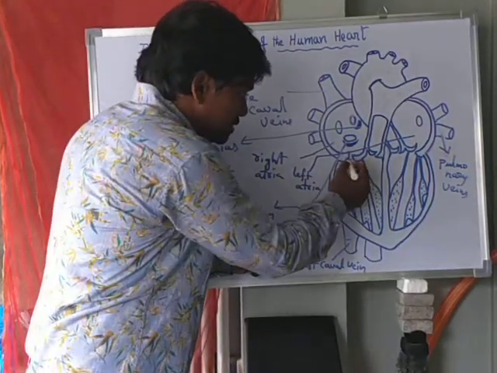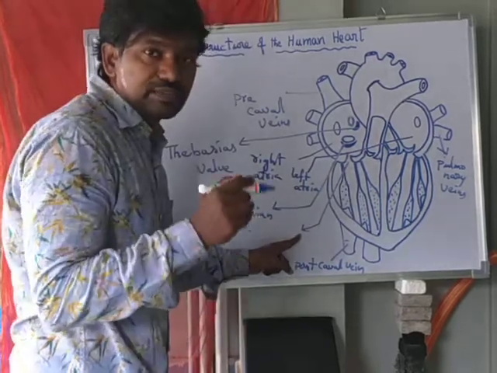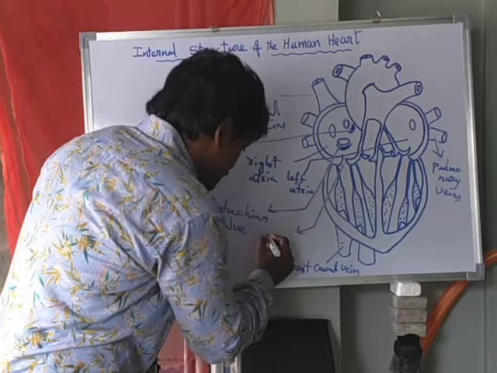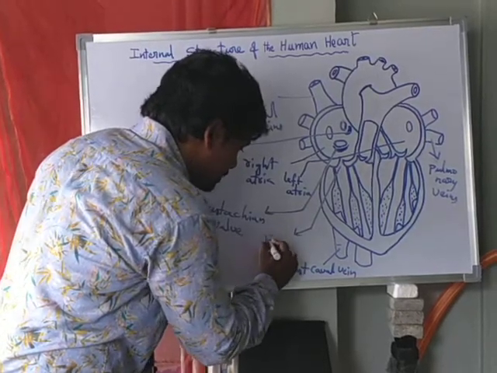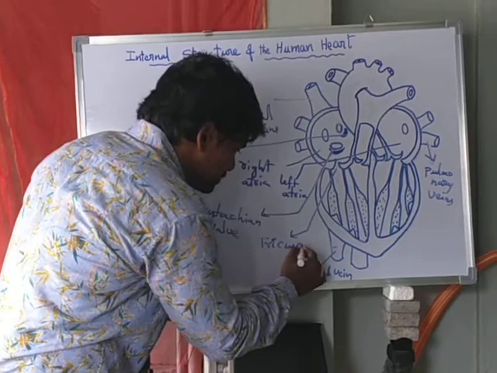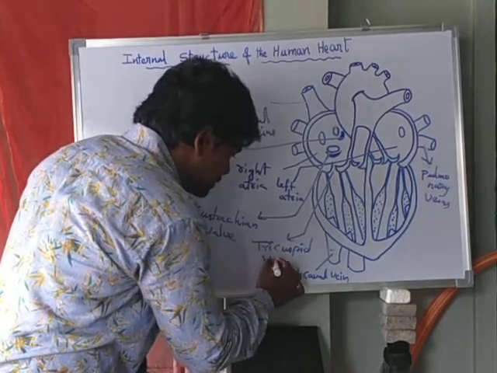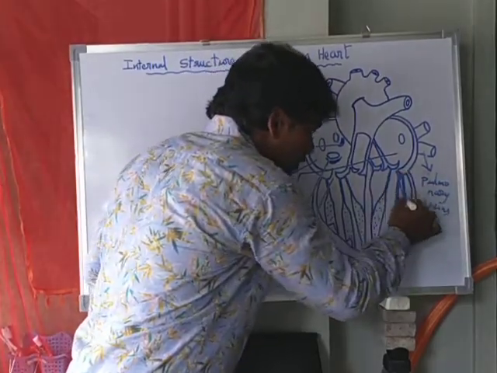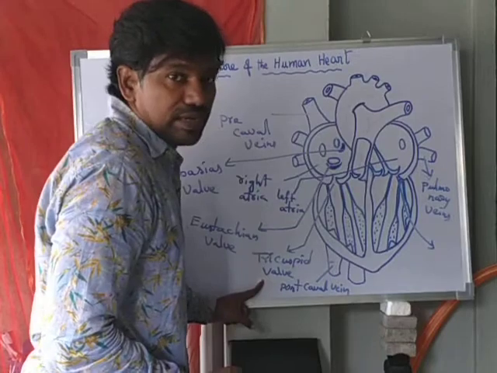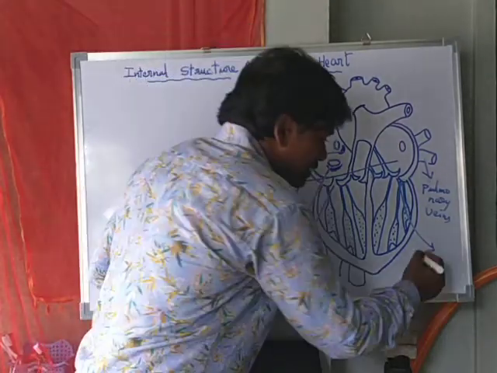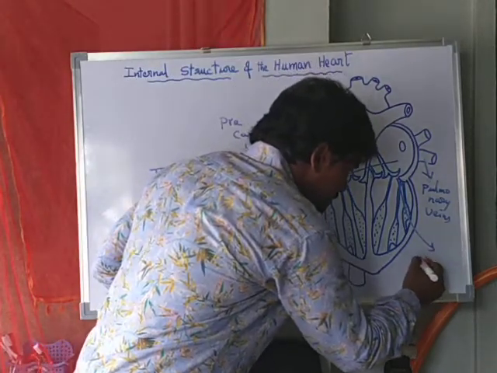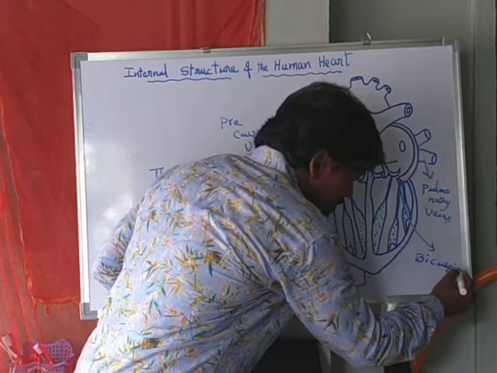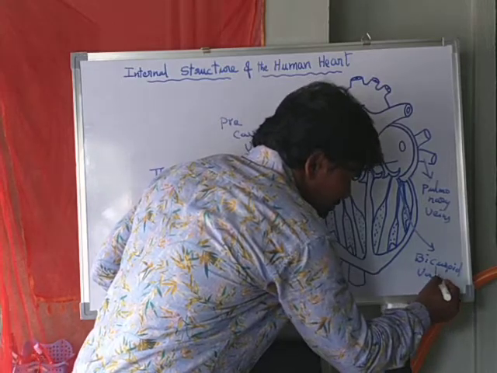Okay, right. So the right atrioventricular opening is guarded by the tricuspid valve, and the left atrioventricular opening is guarded by the bicuspid valve.